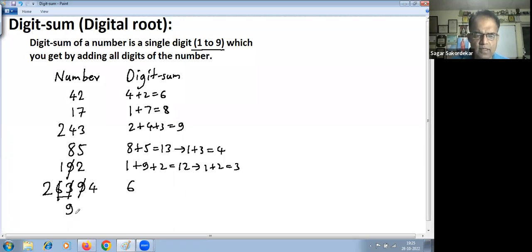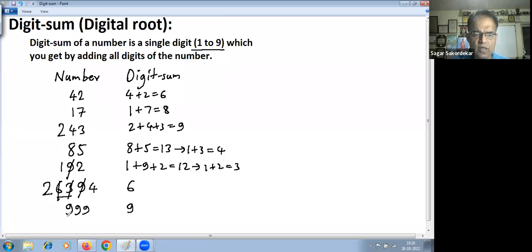Now if you consider this number 999, if you use this method, cancelling 9, if you cancel all the 9s it looks like 0, but again note here that the answer has to be 1 to 9. So when it is 0 it is actually 9. In other words, if you use the normal method, 9 plus 9 plus 9 is 27 and 2 plus 7 is 9.